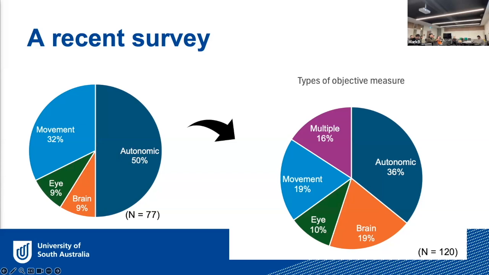There's also a larger portion for multiple approaches, which means researchers adopted brain and ECG, or brain and eye movement, something like that. So they try to adopt more than 2 signals at the same time to understand what is going on in cybersickness.